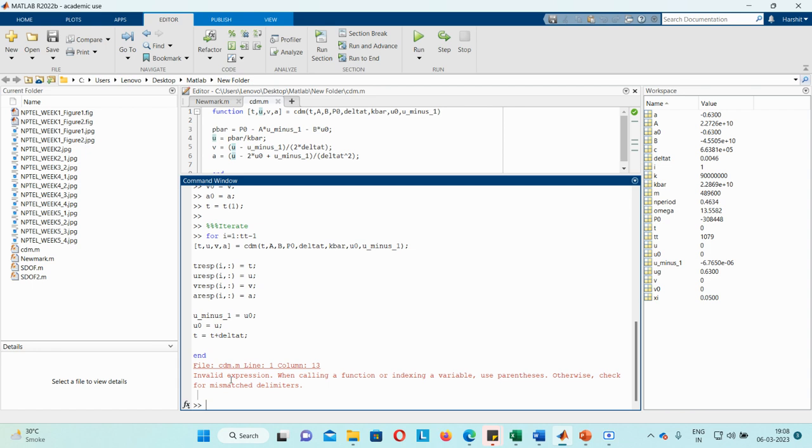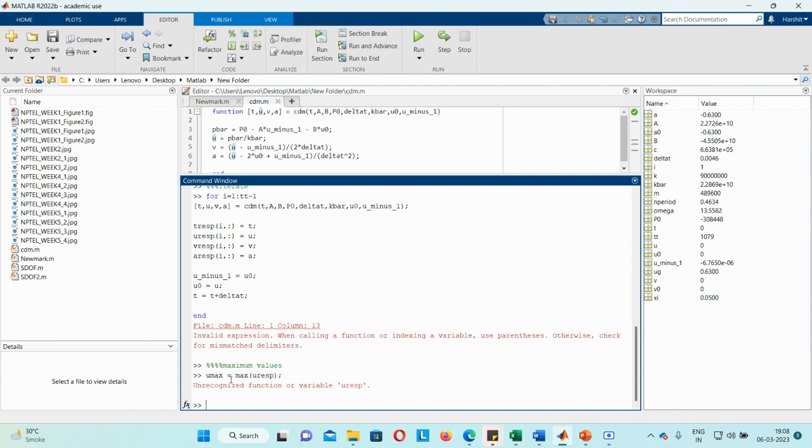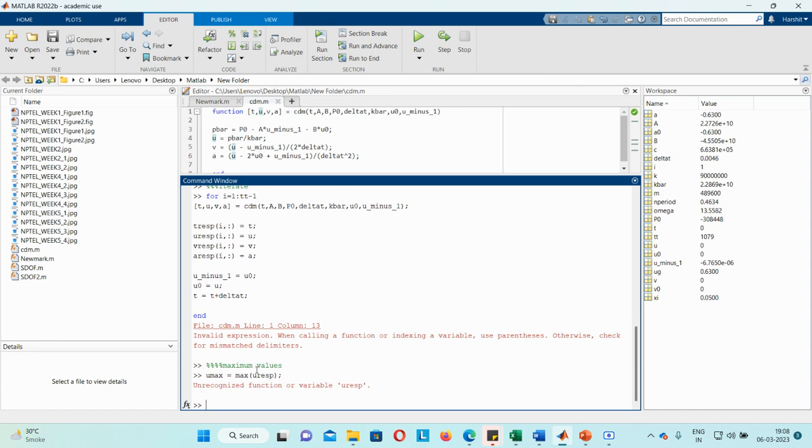Okay, so when this is done, again maximum values we can calculate as u max is equal to max of u response. Right now it is showing undefined because this loop was not completed. So in this way you can define maximum values and then you can plot the results.